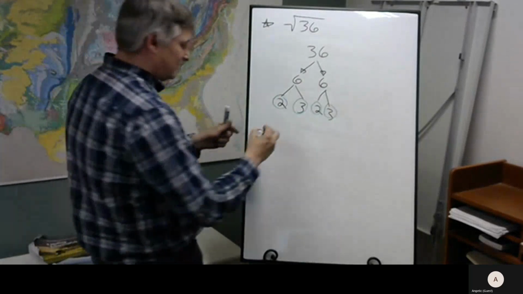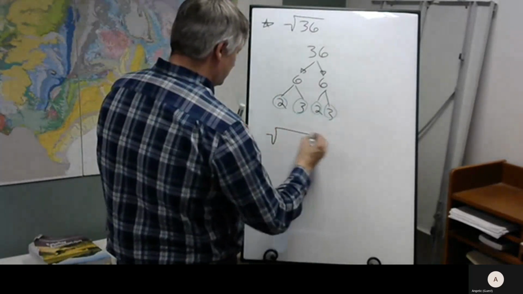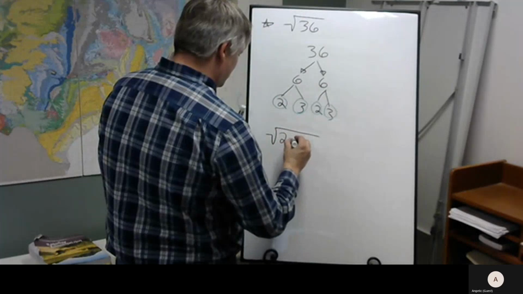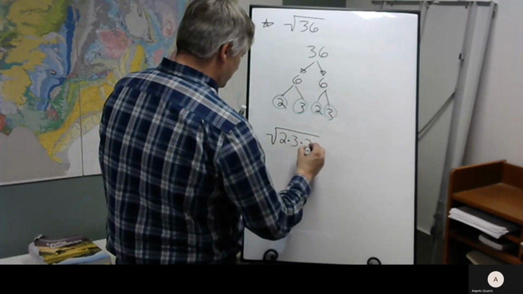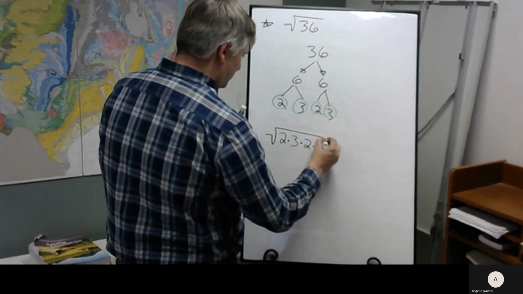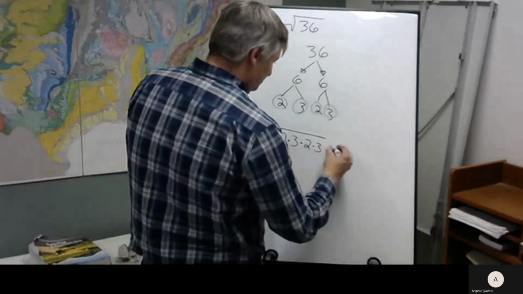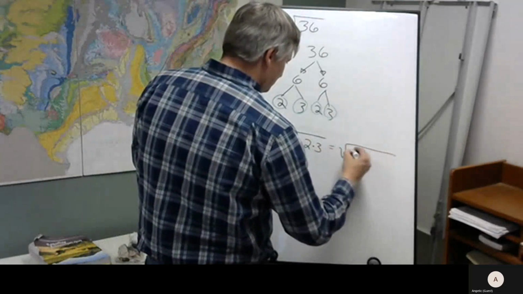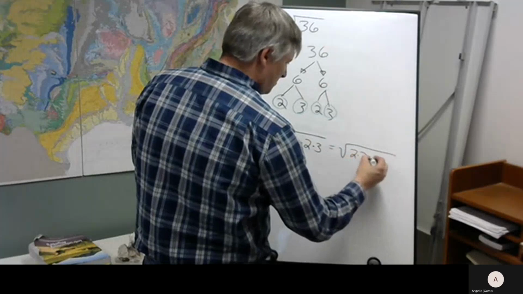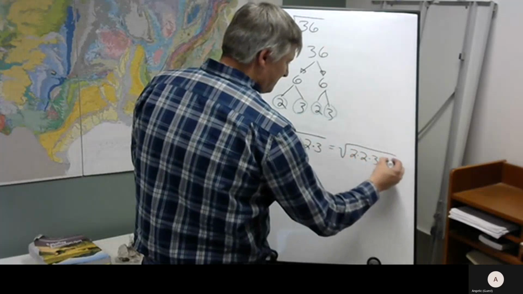So we'll get the square root of 2 times 3 times 2 times 3. And we could rearrange the order here, as with multiplication, you can do that.